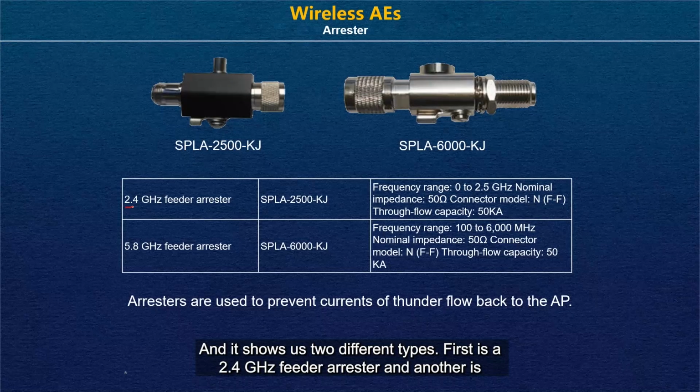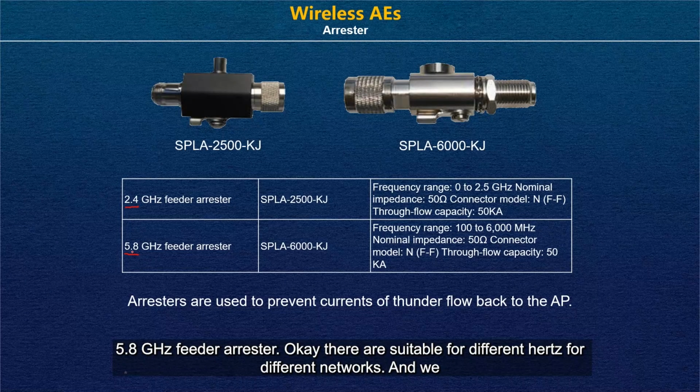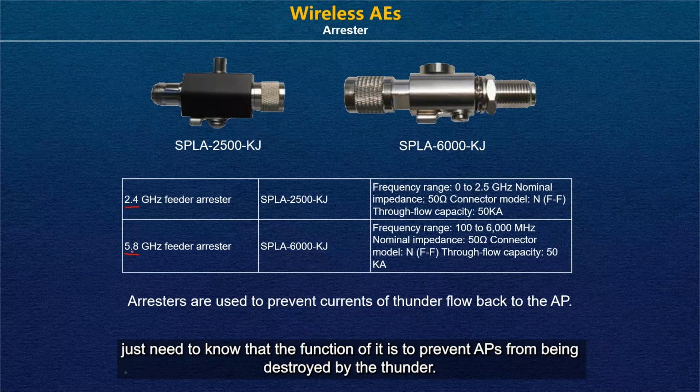First is the 2.4 gigahertz feeder arrestor, and another is the 5.8 gigahertz feeder arrestor. They are suitable for different frequencies for different networks. We just need to know that the function of it is to prevent APs from being destroyed by thunder.